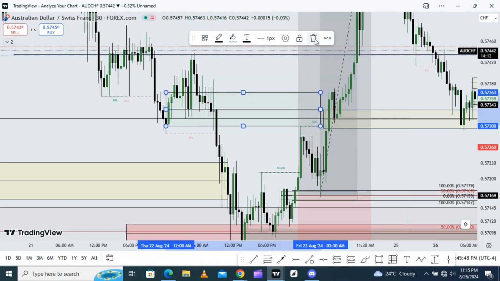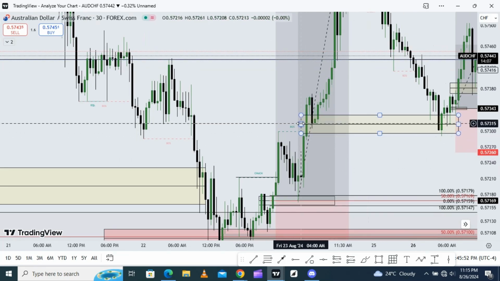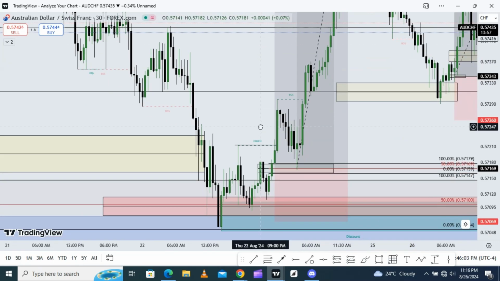So this is my second entry that I took last week from this level. The first entry, remember, was at our 50% level, which is the fair value gap. After market reached our constant encroachment level, market still continued.